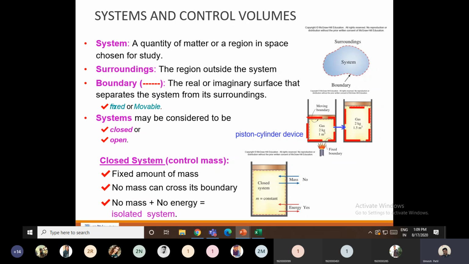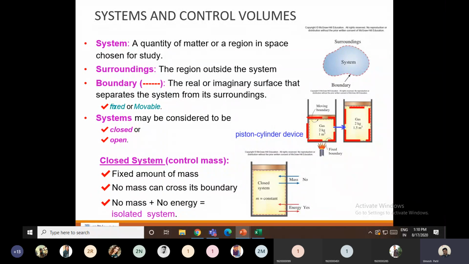Means the boundary type is movable, real surface type of boundary. So the boundary may be fixed or movable, real or an imaginary surface. I hope you understand what is system, what is surrounding, and what is boundary.